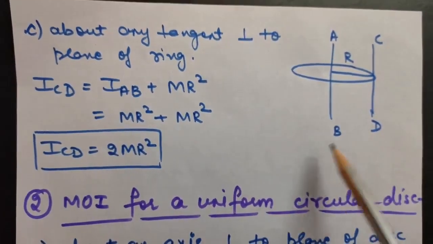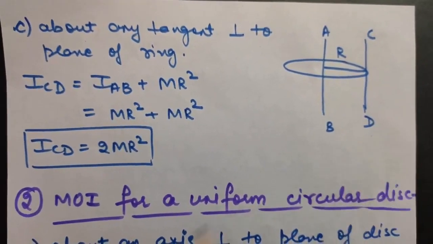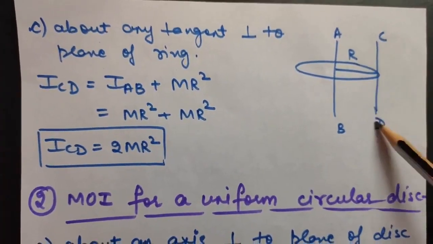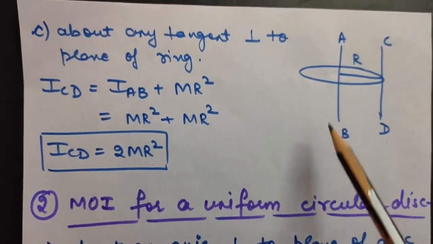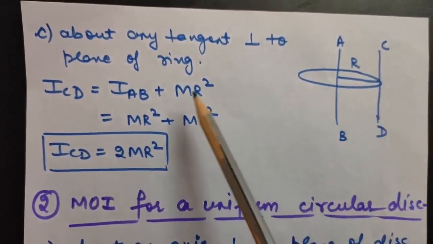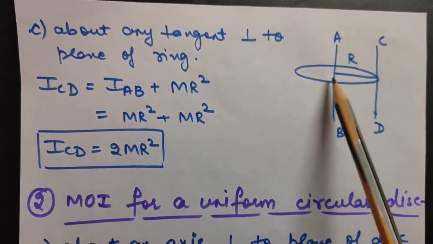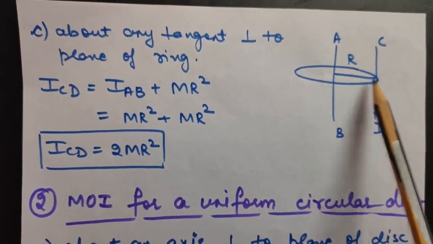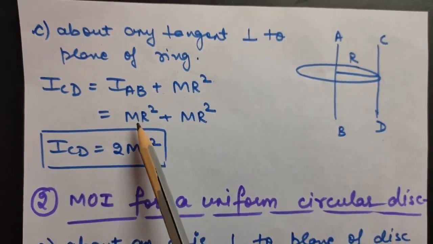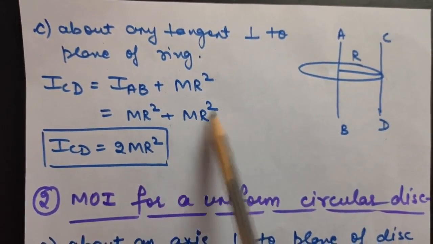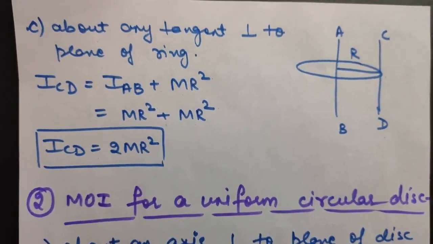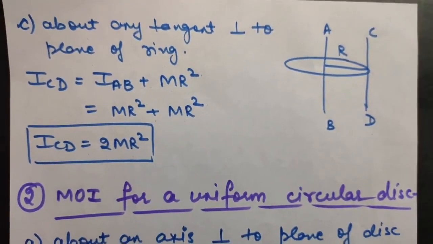In this case you can use the parallel axis theorem, which says I about CD is equal to I about AB plus the mass of the body, that is capital M, and the square of the distance between the two parallel axes, that is R square. So I_AB, as we have already calculated in part A, is MR square, plus MR square. So I_CD will come to be 2MR square. So this is the moment of inertia about CD.